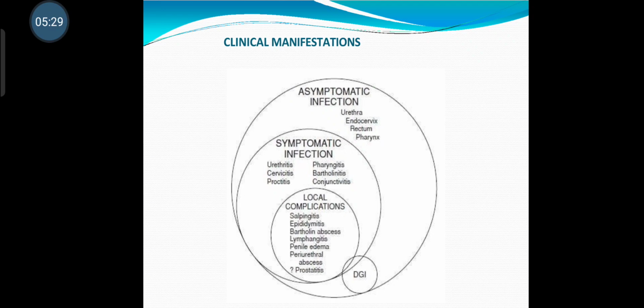Symptomatic infection occurs in different parts of the genitourinary tract, that is urethritis, inflammation of the urethra, cervicitis, inflammation of the cervix, conjunctivitis, inflammation of the conjunctiva, pharyngitis, inflammation of the pharynx, etc. Then local complications also develop along with this, like salpingitis, epididymitis, Bartholin abscess, lymphangitis, penile edema, periurethral abscess and prostatitis. So all these are inflammations of the different genitourinary organs.